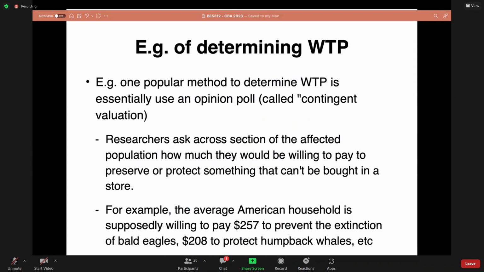So you can do an opinion poll or a survey and check how much they would be willing to pay to get a particular benefit. It's something you don't have a market price for, so you can get some idea of how much people value it.